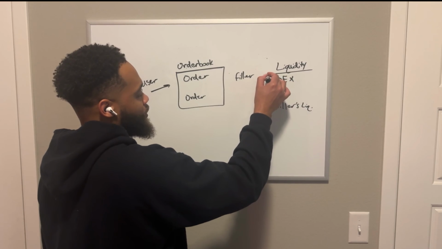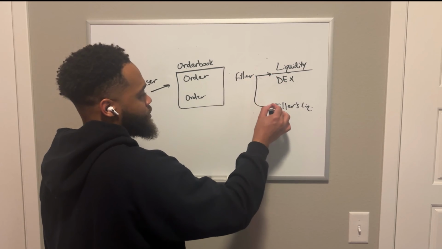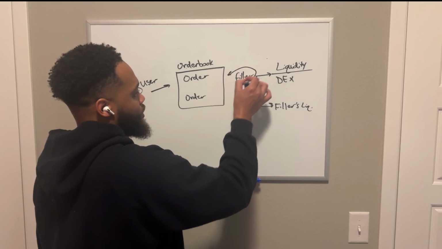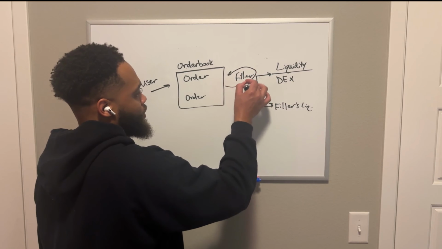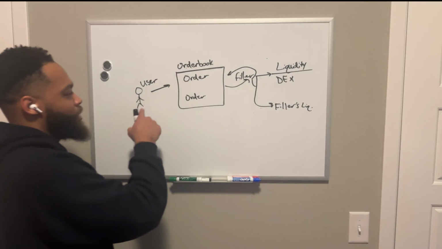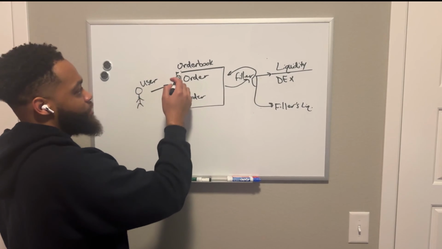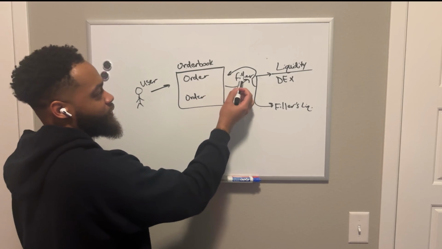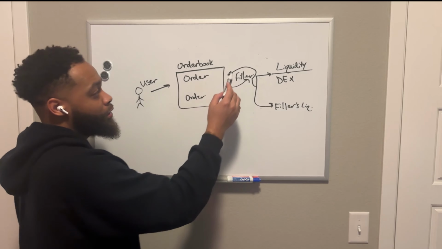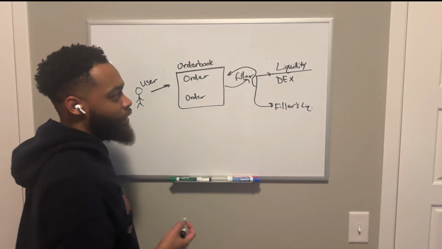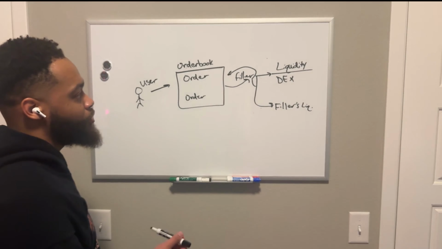So you have, it's pretty much bi-directional here, something like that. Okay. So you have you as the user executing the strategy on the order book. Your orders are executed by the filler, who then executes your order and your strategy against liquidity found on a DEX or the filler's liquidity. Obviously, the better option at the time will be selected.